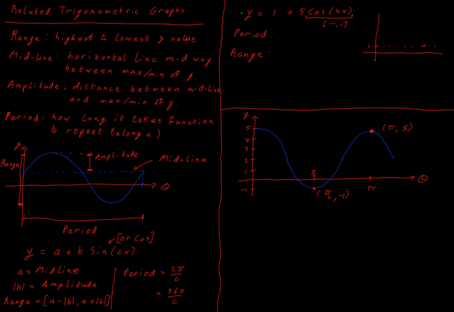So my y will be 1 plus 5 times 1, which is 6. So the top of this function is going to be at 6. And then the bottom of it will be when this is down at -1. So I'll have y is equal to 1 minus 5, which is down at -4.